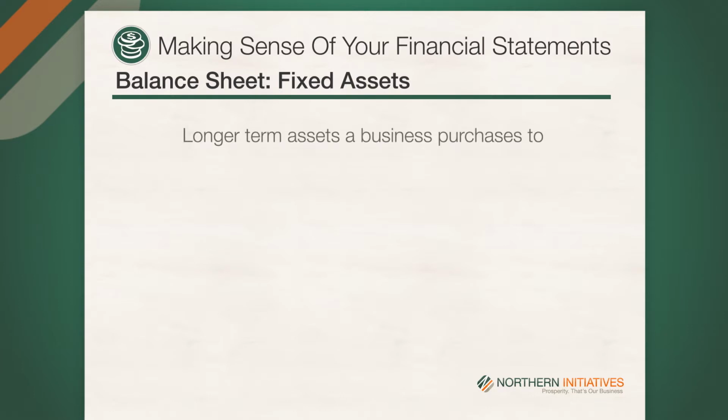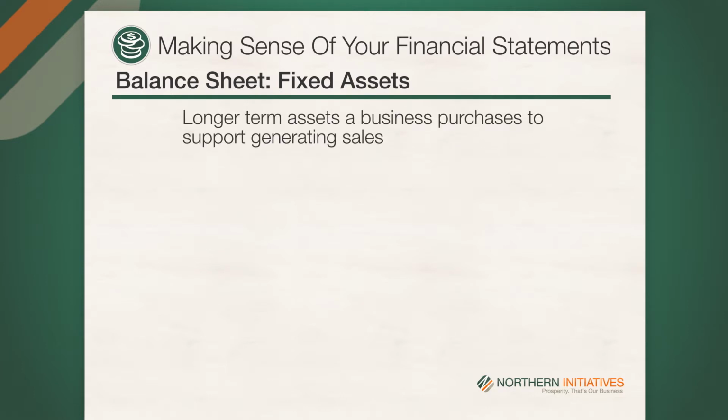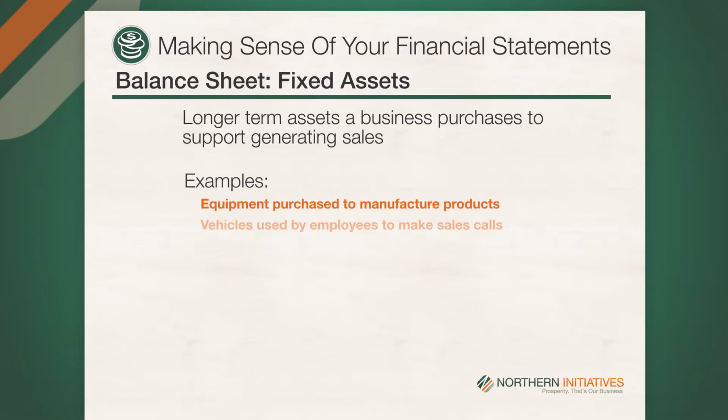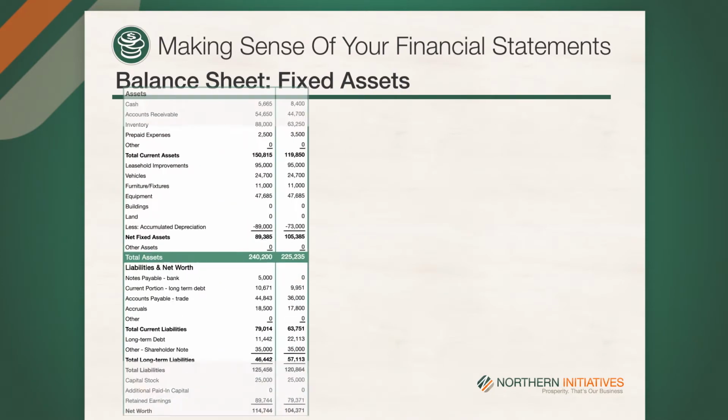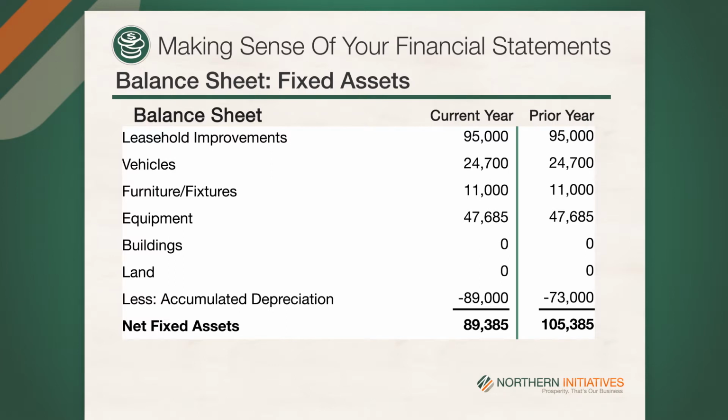Fixed assets are longer-term assets a business purchases to support generating sales. Two examples include equipment purchased to manufacture products and vehicles used by employees to make sales calls. In our case study, net fixed assets have declined from $105,385 in prior year to $89,385 in the current year.